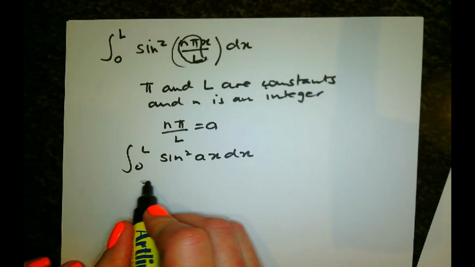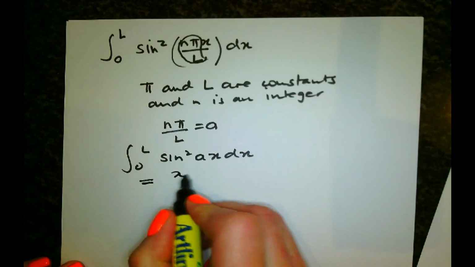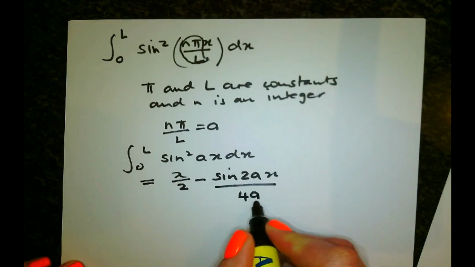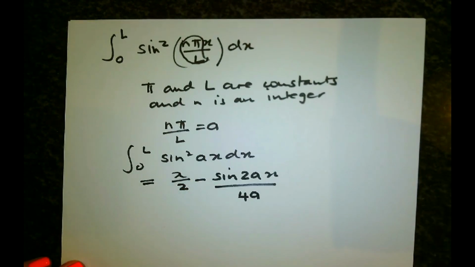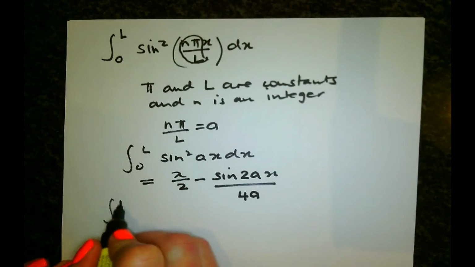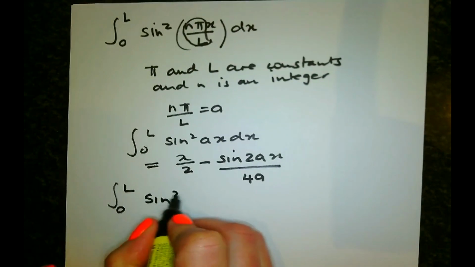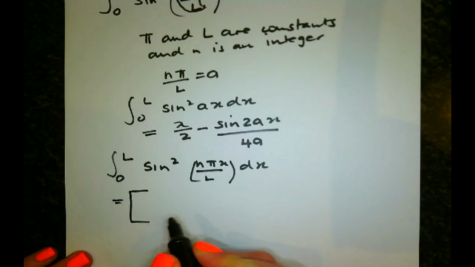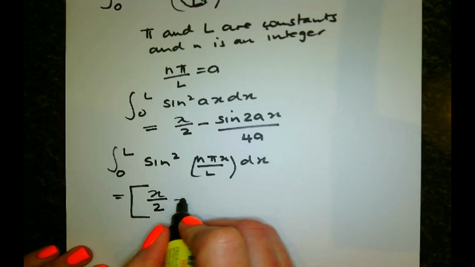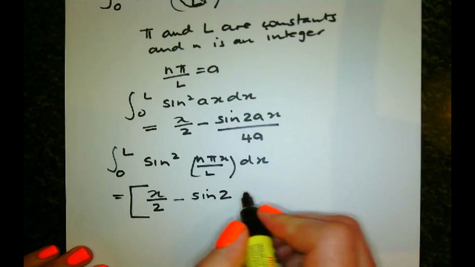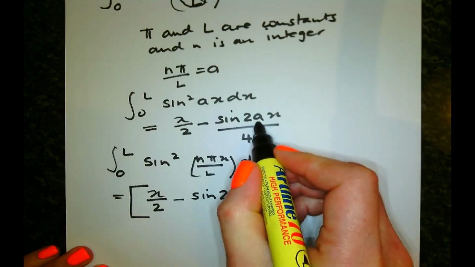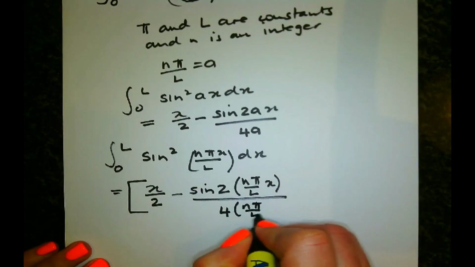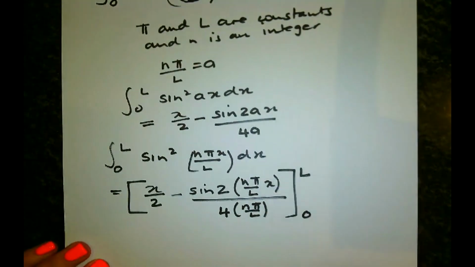So for that, the general integral is x over 2 minus sine 2ax over 4a, where a is equal to n pi over L. So if we go back to our question, we know that that is equal to x over 2 minus sine of 2, a in this case is n pi over L, we still have the x, divided by 4a, which is n pi over L, between the limits 0 and L.